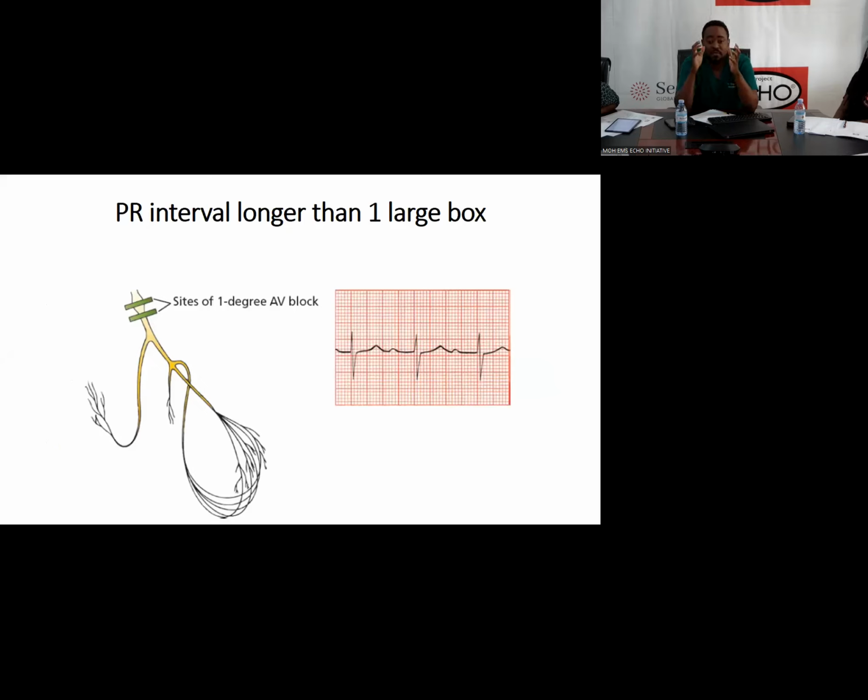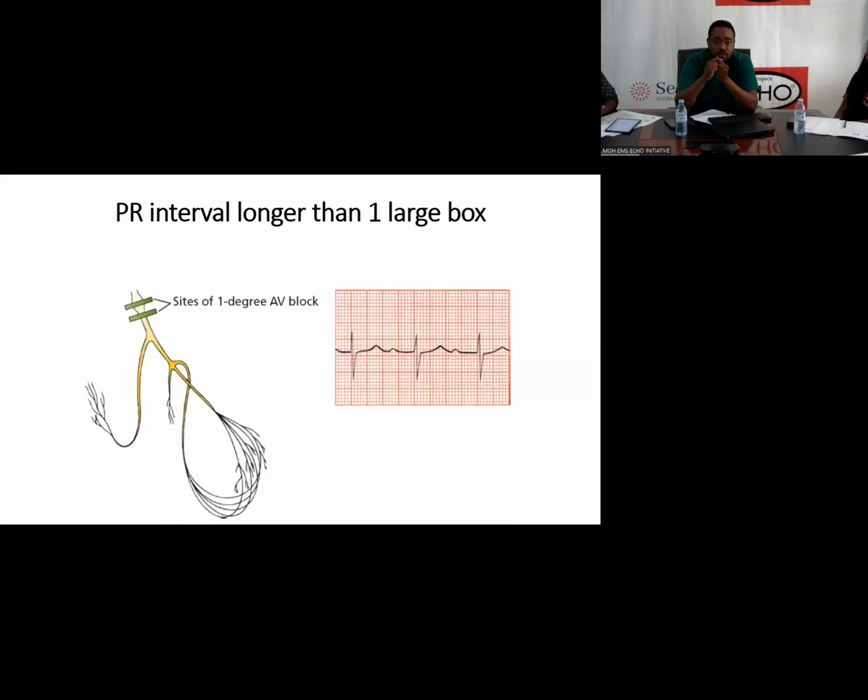Like I said, impulses originate from the sinus node, get into the AV node where they are slowed for a bit, for about 200 milliseconds, and then go down into the ventricles. At the level of the AV node where things are slowing, the AV node could be dysfunctioning and the conduction is slowed further. When that happens, it happens at varying degrees and varying levels. That's what causes the different types of AV blocks.